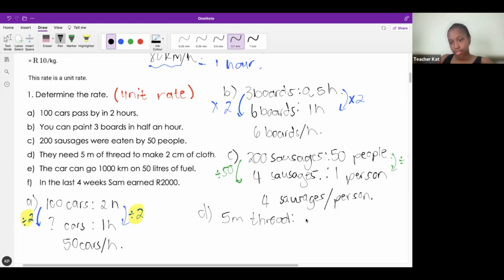Thread makes 2 centimeters cloth. Okay, so to go from 2 centimeters to 1, I have to divide by 2.